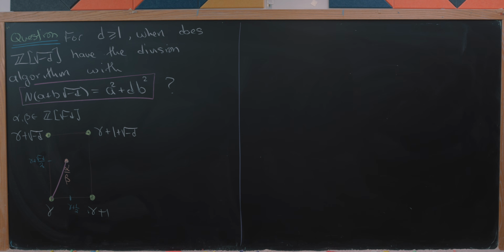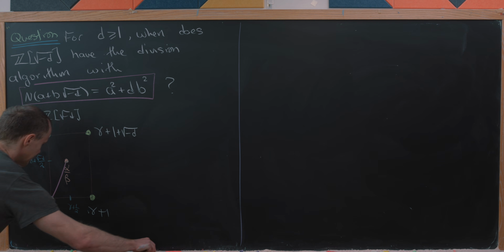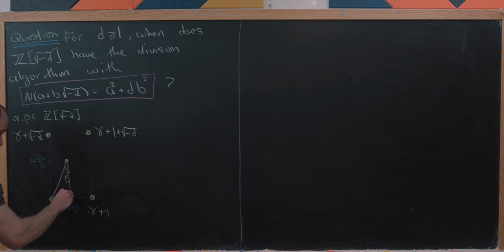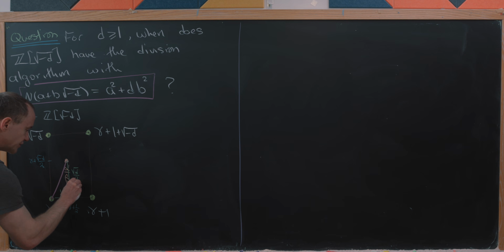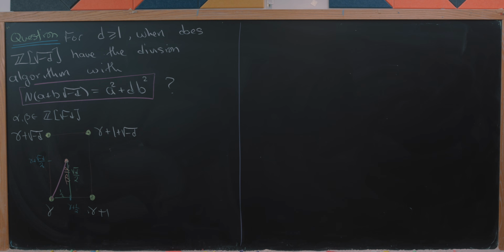Well, notice that we can find the distance squared here pretty easily. If we fill this out, we've got a length here of 1/2, and the height will be given by the square root of d over 2. Notice it's not the square root of minus d over 2 because we're measuring a distance here. But now, like I said, we need that hypotenuse to have a length of less than 1.